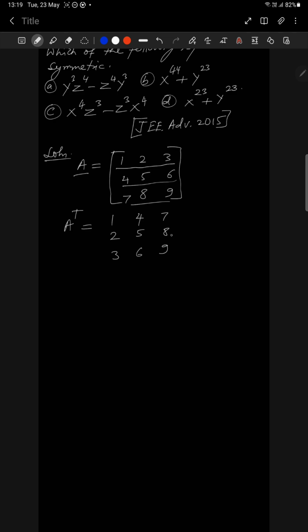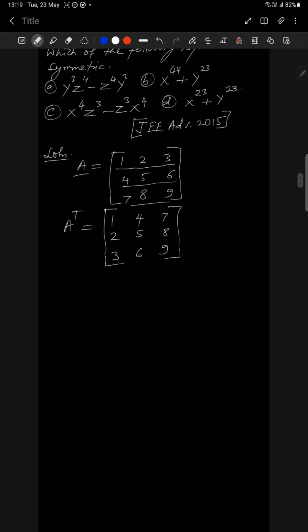I hope you understand what the transpose of a matrix is. That is the concept of transposing any matrix.